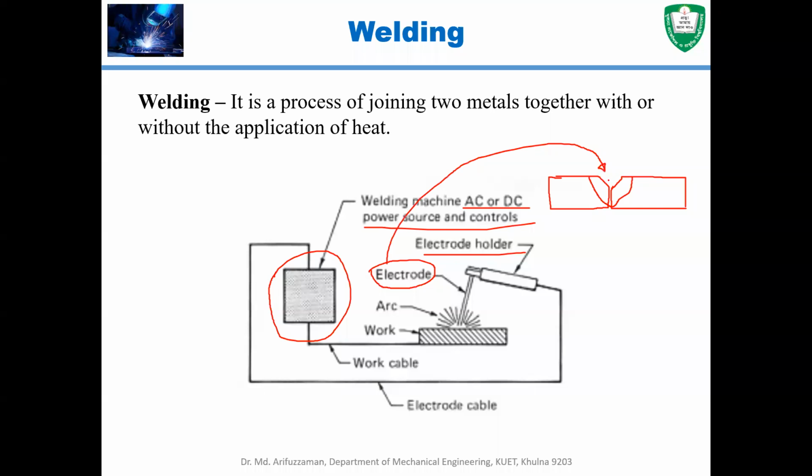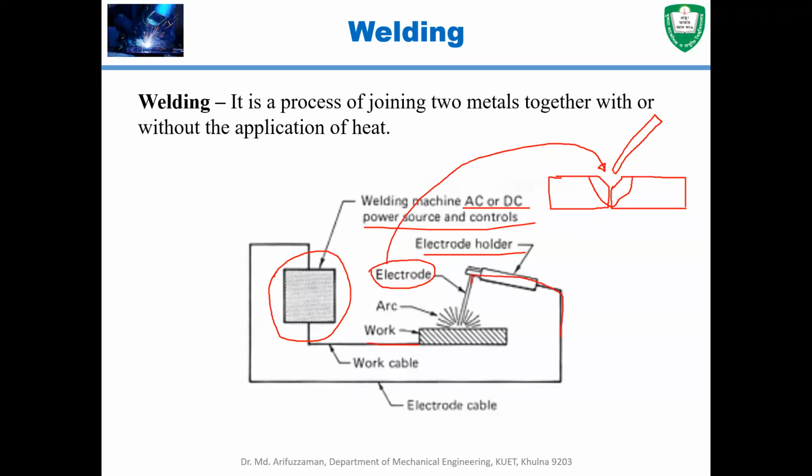This is one function of the electrode, and another function is to conduct the electricity. There is a certain gap between the electrode and the workpiece, because the workpiece is connected with the power supply here, and the electrode is also connected with the power supply.